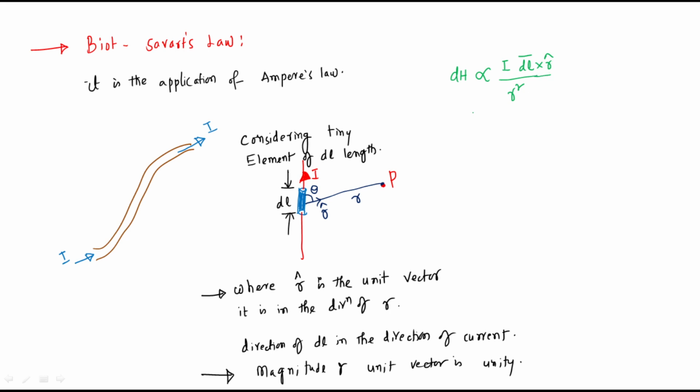This is the statement of Biot-Savart's law. By using Ampere's law and Biot-Savart's law, we get the relation between magnetic field strength and current.